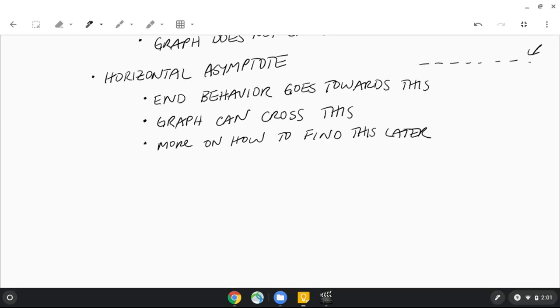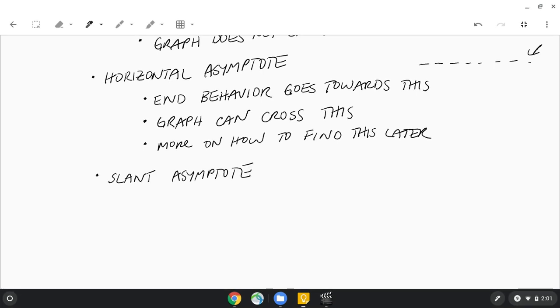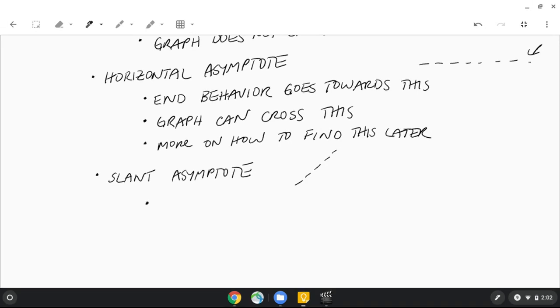Then we also have what's called the slant asymptote. Of course, if it's not vertical and it's not horizontal, then it's going to be slanted. This is very similar to the horizontal asymptote.